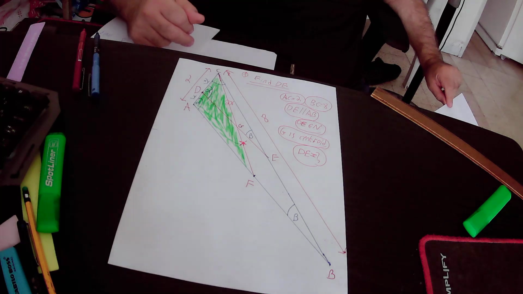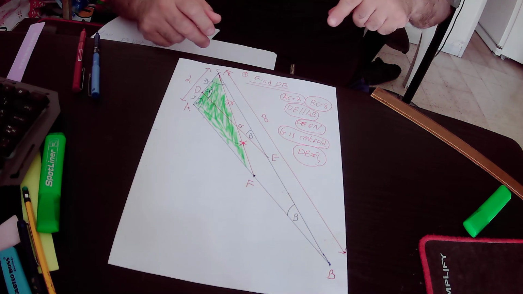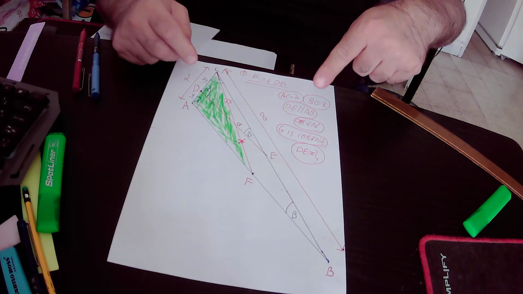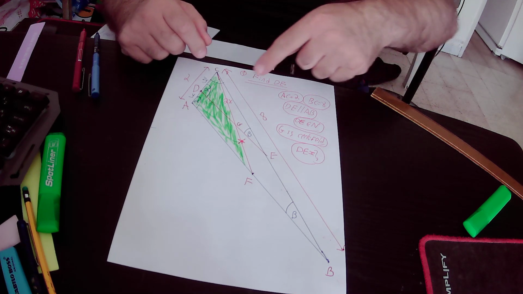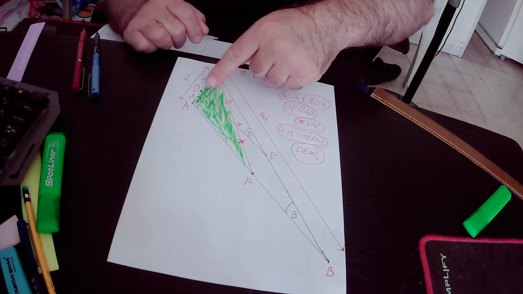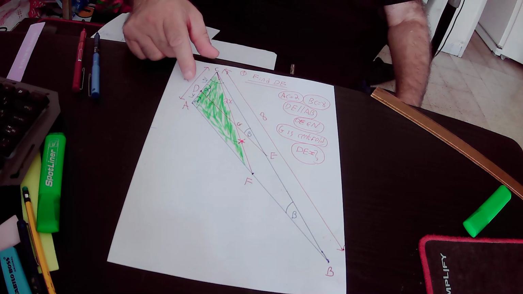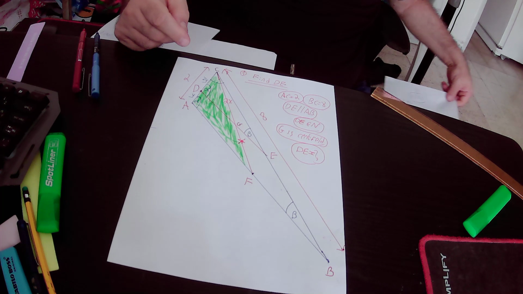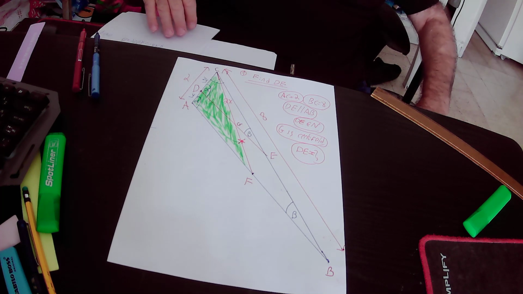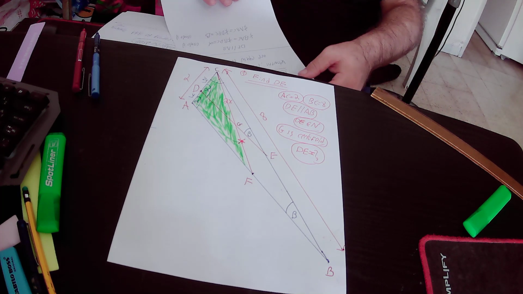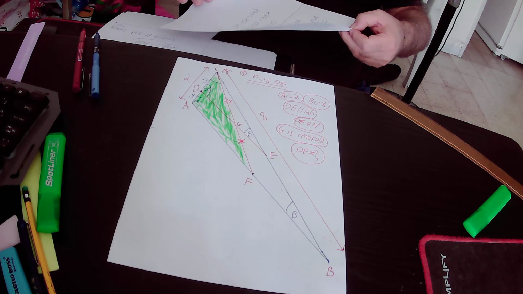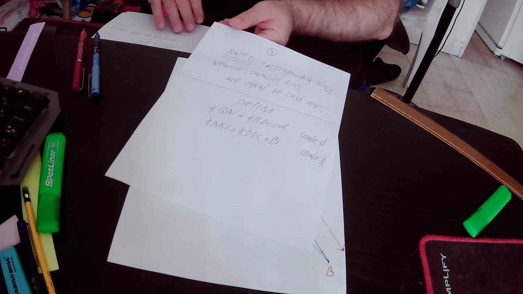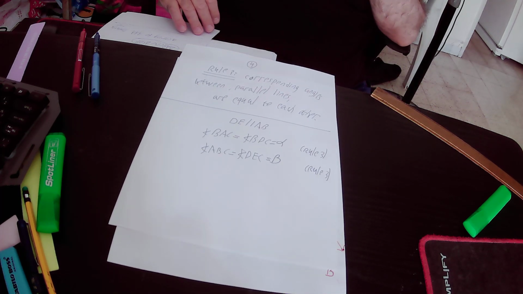So here we can write down that if CD equals 2y, then DA will be equal to y. Okay, then we have rule number 3 that states that corresponding angles between parallel lines are equal to each other.